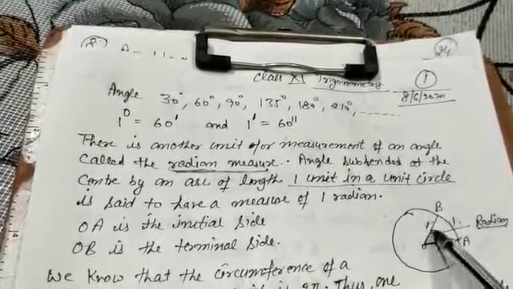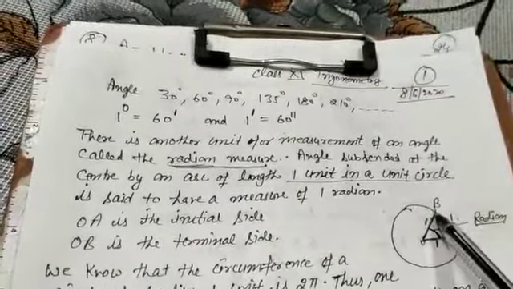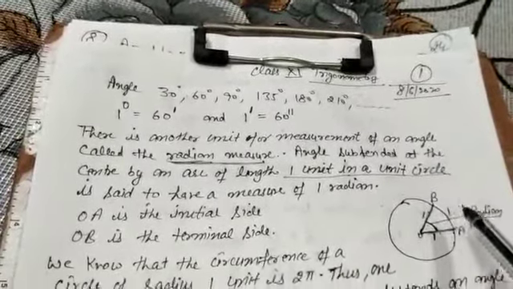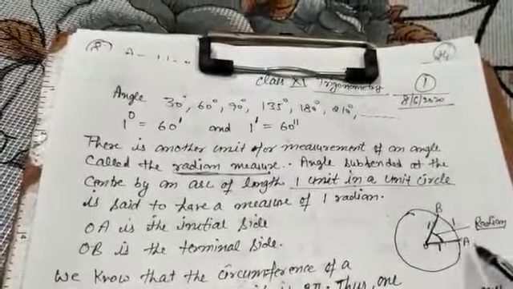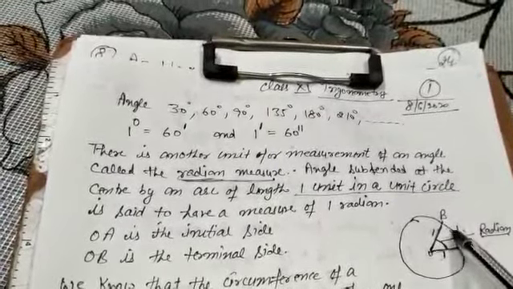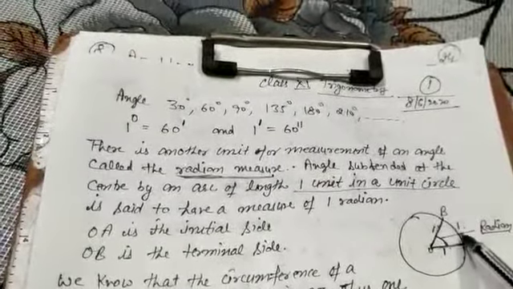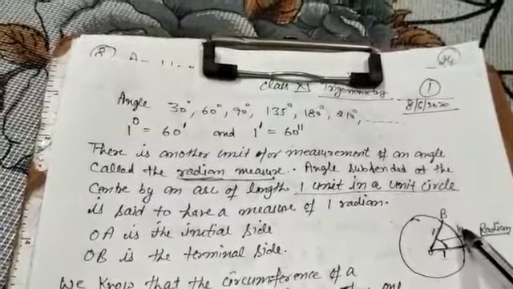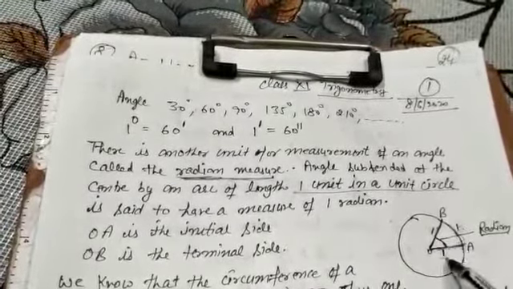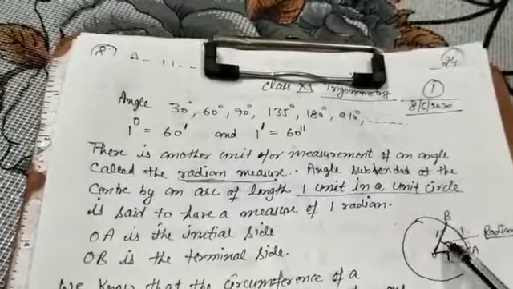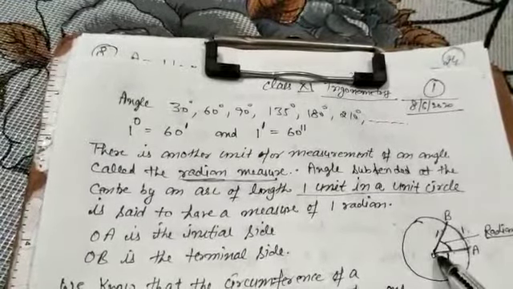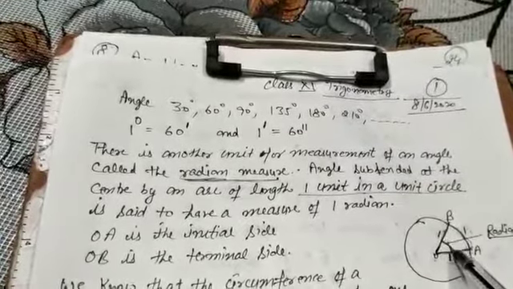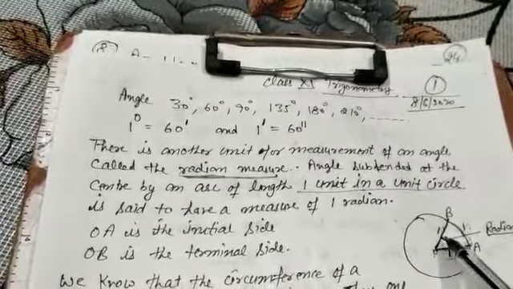This OB is called the terminal side. Terminal means when this line reaches its final position, and its final position is obtained when you cover a distance of 1 unit along the length of the arc. So when your radius and arc are equal to 1 unit, the angle made between the initial side and the terminal side is called 1 radian.